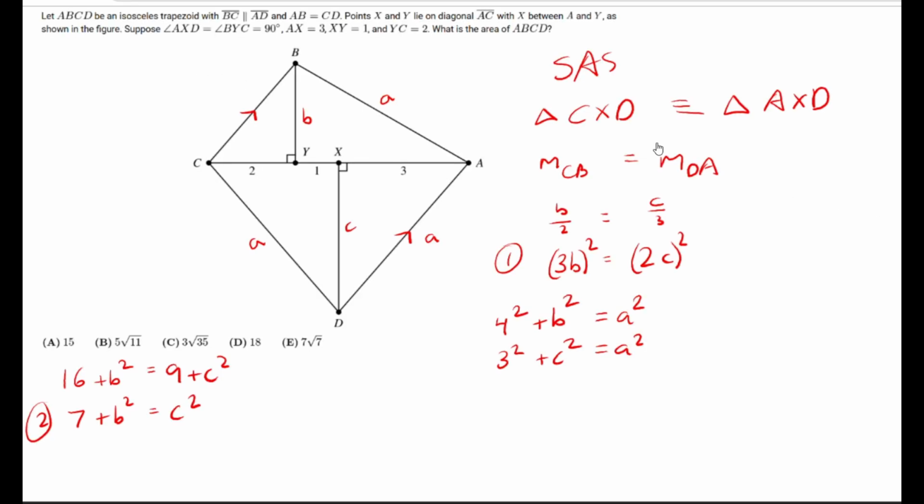So we get 3B squared, which is going to be 9B squared, equals 4C squared. And then we have our other equation, 7 plus B squared equals C squared.